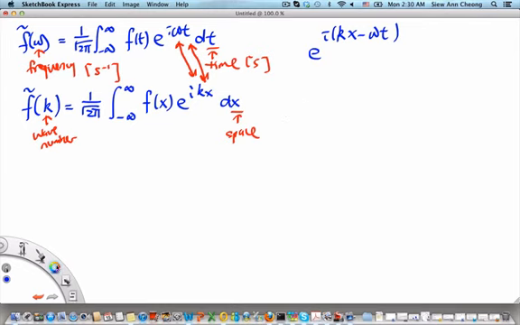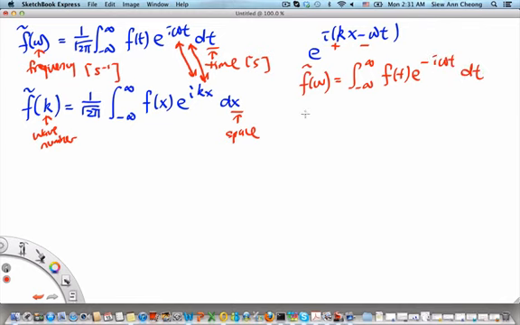So you notice that the complex exponential comes with a plus sign for x and a minus sign for t, which is why some textbooks, if they are writing down the Fourier transform for a function of time, would write this as an integral from minus infinity to infinity of f(t) e^{-i omega t} dt.